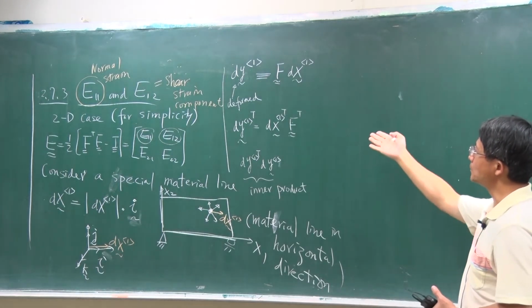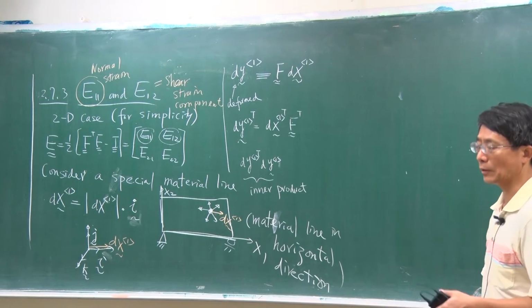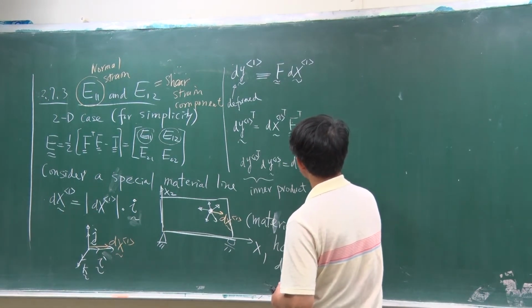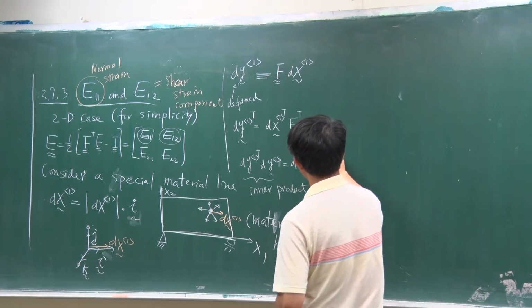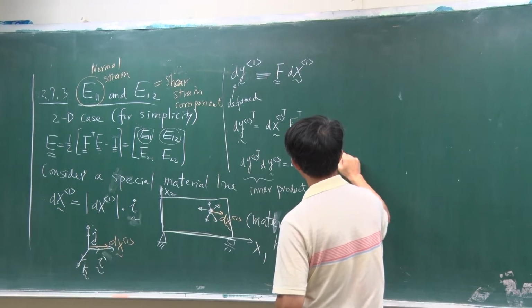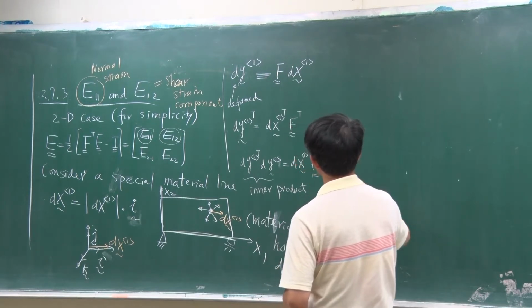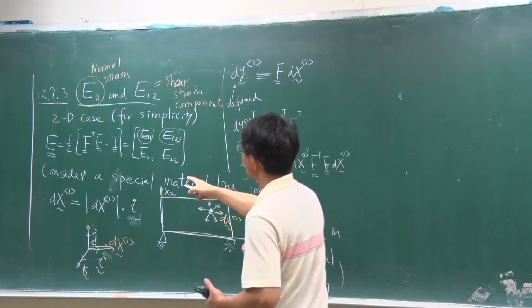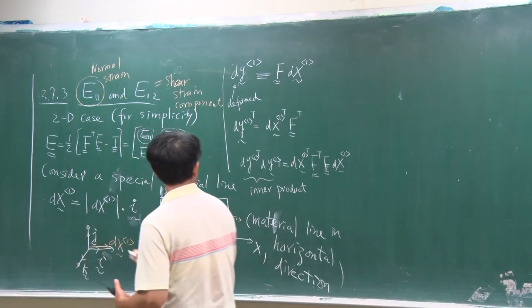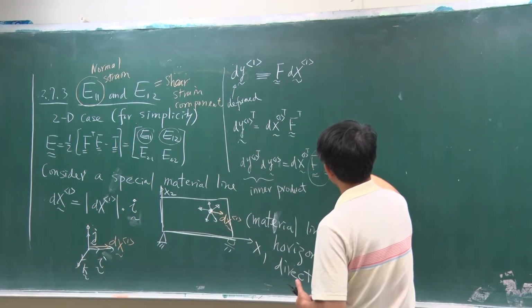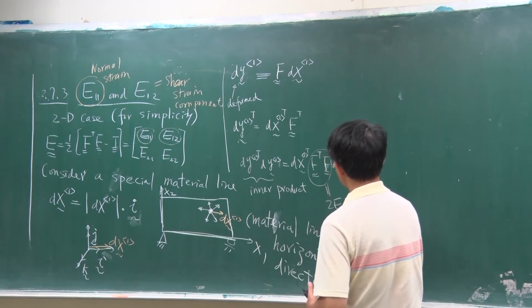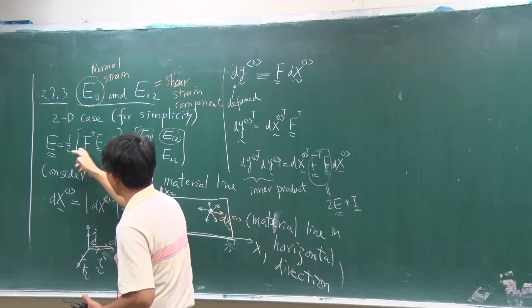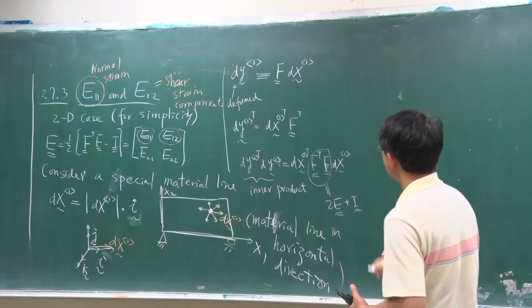OK, 这样算的话，其实就等于在算内积一样，是不是？你看从这边来，这个就是这个项，所以这个是 2E 加 I. See, by definition, this part equals 2 times E plus I, the identity matrix.